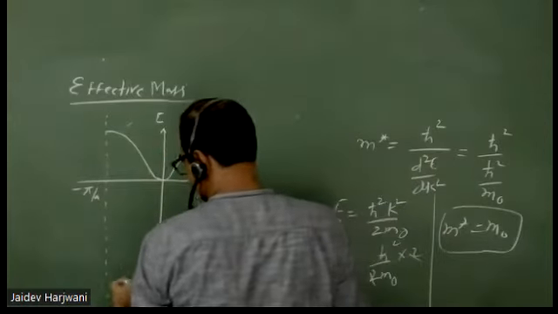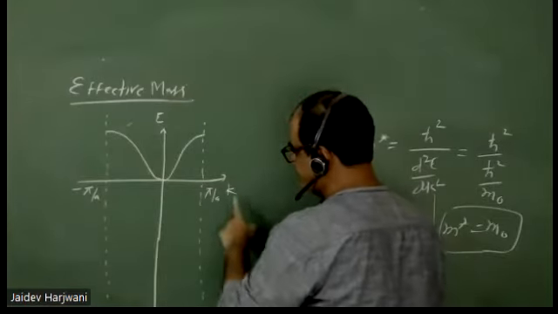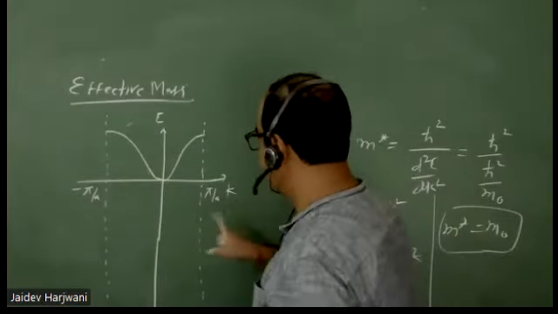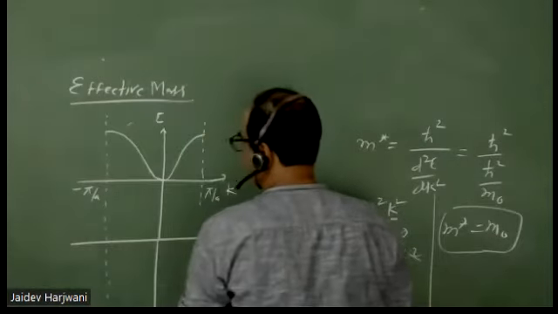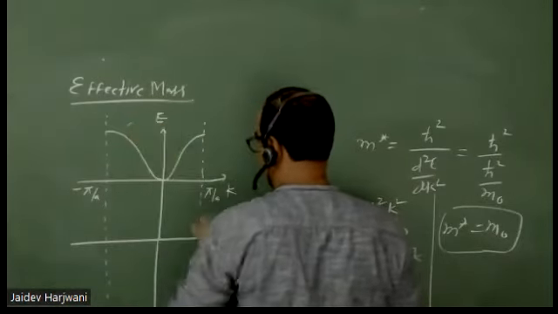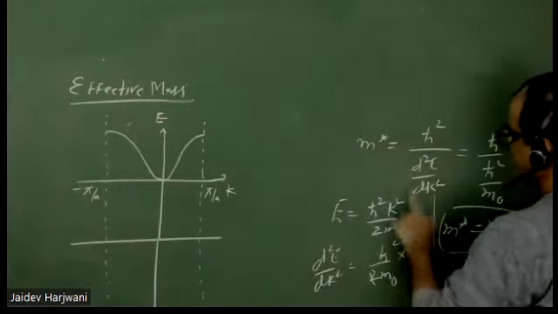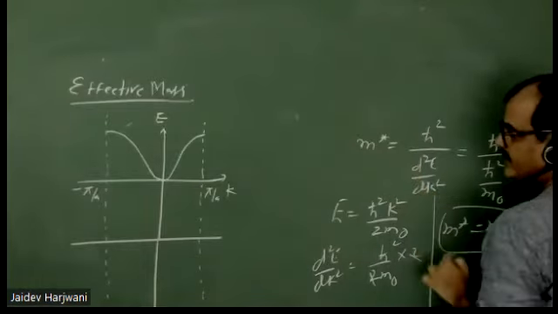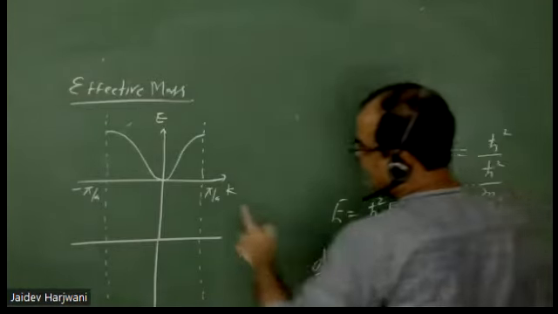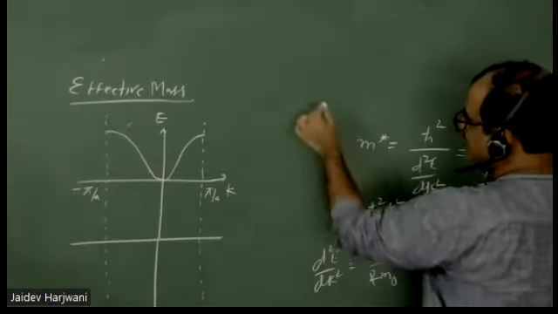Now I want to plot the variation of effective mass with k. So how can I do this? This is the Ek curve. Now my effective mass is h cut d2e by dk, that means I want the derivative. So if I take the derivative of this graph, that will be d by dk.